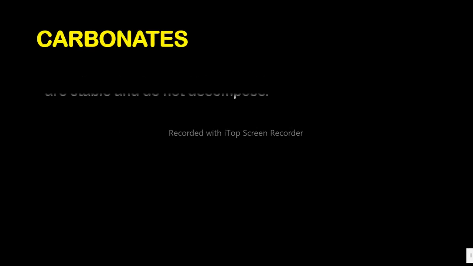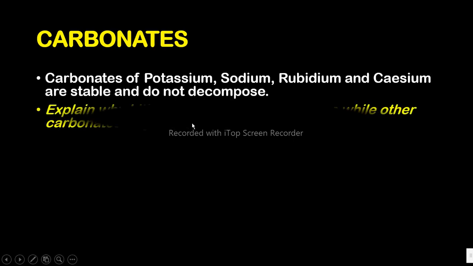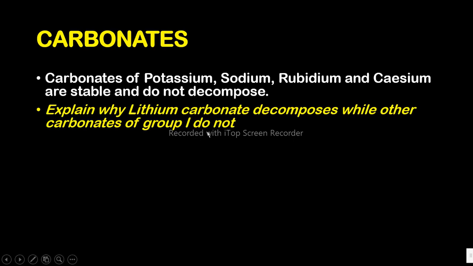For the carbonates of potassium, sodium, rubidium, cesium, they are stable and do not decompose. Okay, explain why lithium carbonate decomposes. It polarizes. So the bond between the lithium and the carbonate is roughly covalent, whereas for the other elements, the sodium, the potassium, the rubidium, the bond is purely ionic.